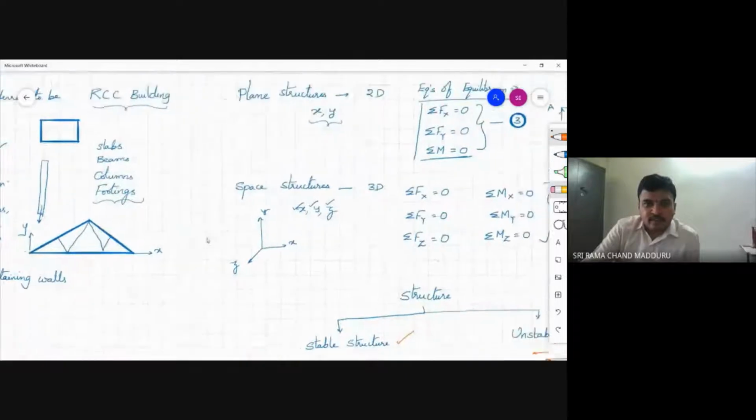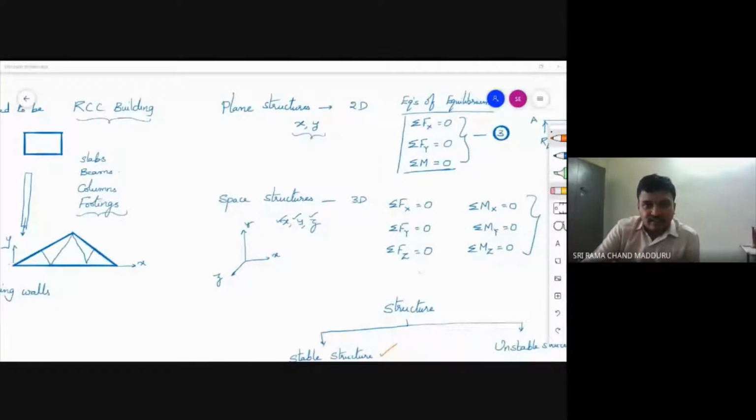Talking about two-dimensional structures as well as three-dimensional structures.